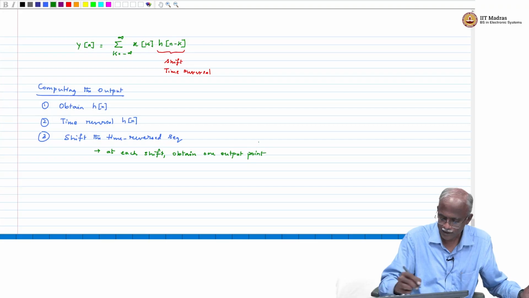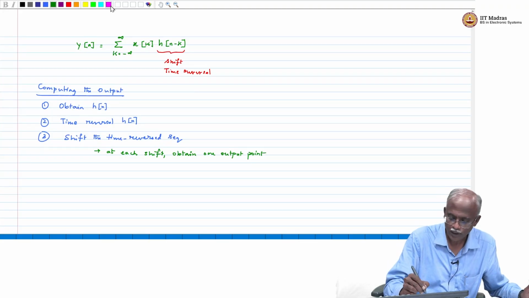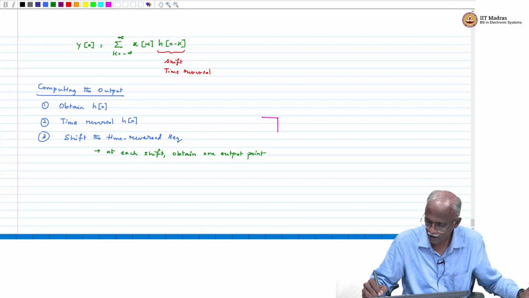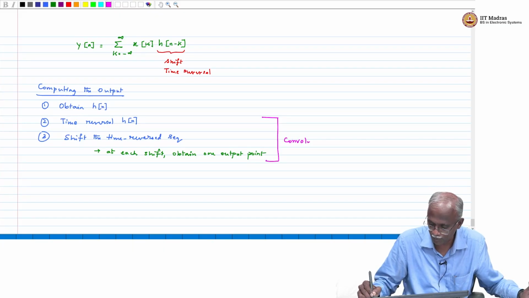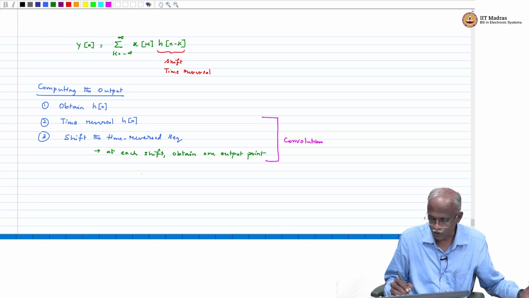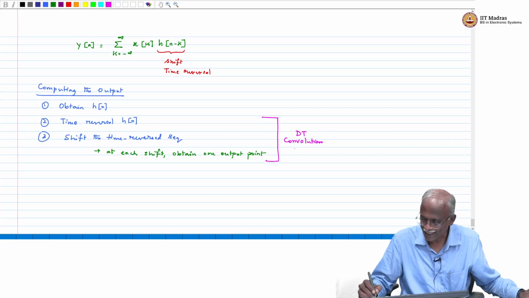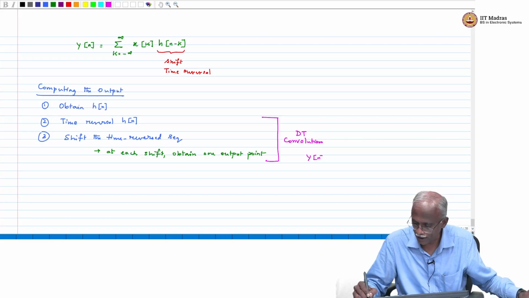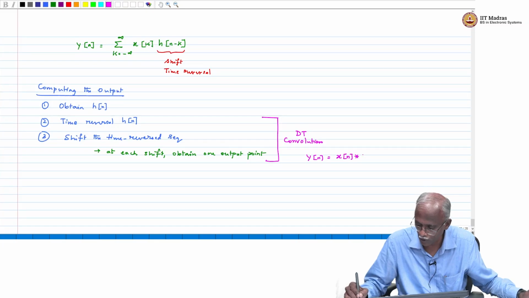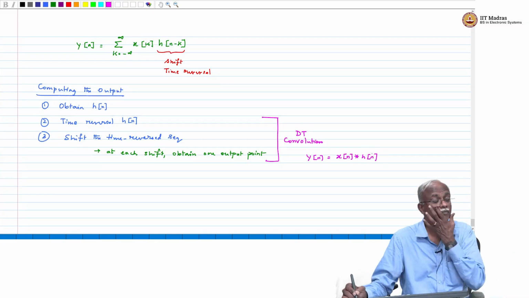Okay. Step 2 and step 3 combined is what we refer to as discrete time convolution. So, if you have two sequences, what we are saying is the output y of n is the convolution of x of n convolved with h of n.